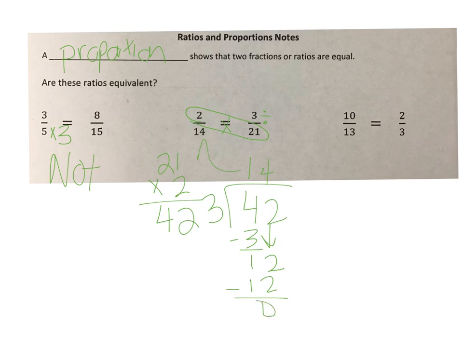So that equals 14. So yes, these are equivalent. So these are proportional. Again, for this one, you could have done 3 times 14 divided by 2 and gotten 21 as well. So when all 4 are already filled in, you just pick 2 to multiply diagonally and divide by one of the other ones.